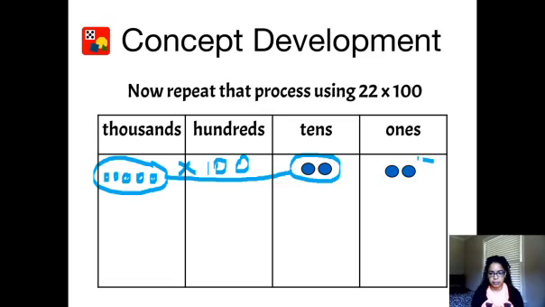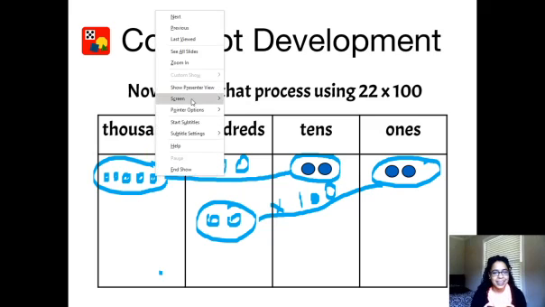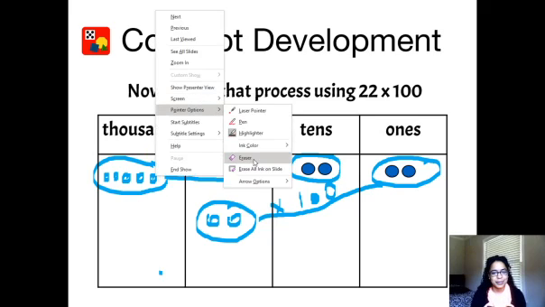This one group of 2 ones times 100 will give us 200. So now I have 5,000. Oops. Where did I get all these? Oh gosh, I'm just making up stuff in my head.